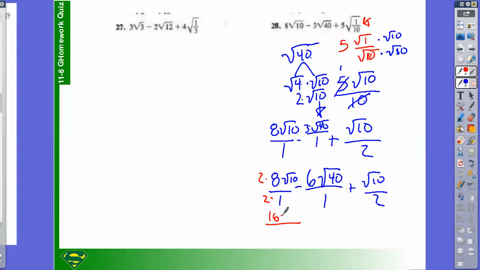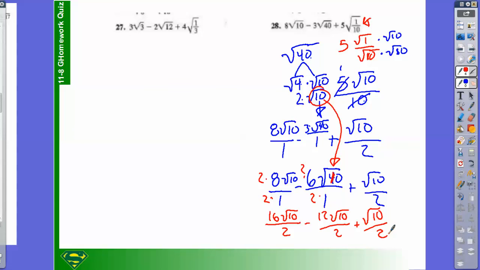So we have 16 times the square root of 10 over 2 minus, same thing, times 2 times 2. So we get 12 root 10, oh shoot, I'm sorry for that, over 2 plus root 10 over 2.